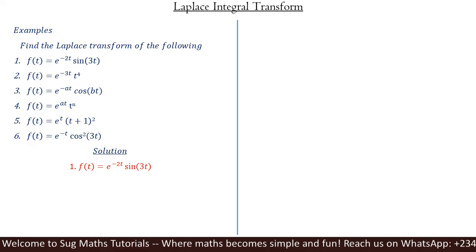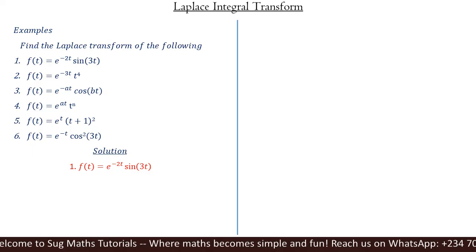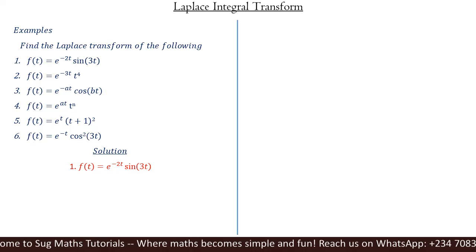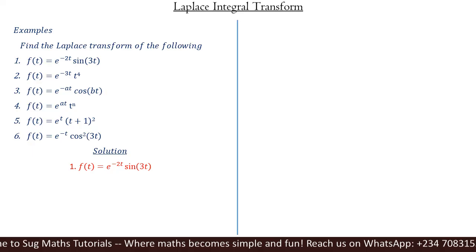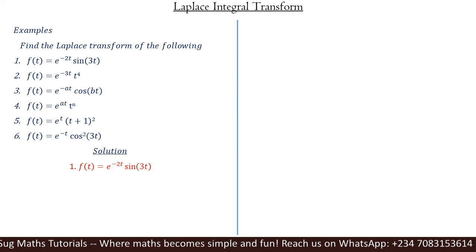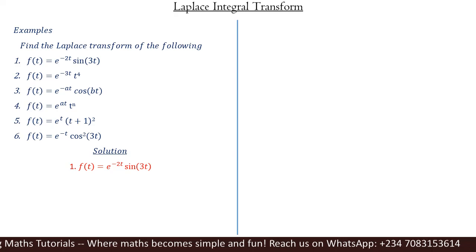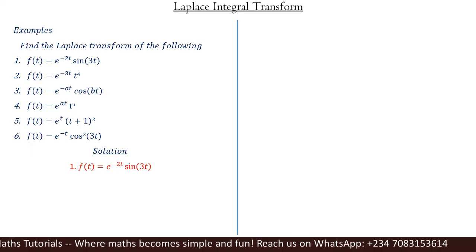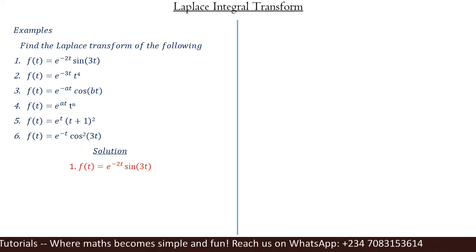Now, let's take a look at this function. We have a function sine 3t being multiplied by e raised to the power of minus 2t. So anytime we have a function like this being multiplied by e raised to the power of at, where a can be anything, there is a way we do it.